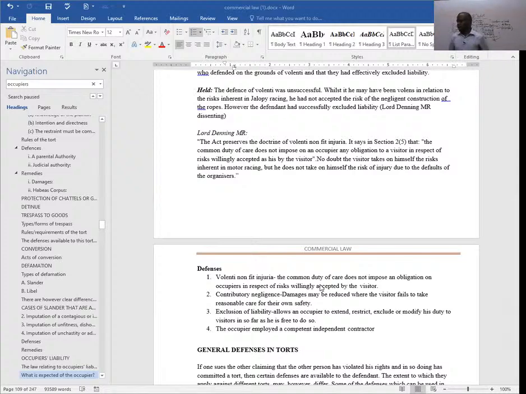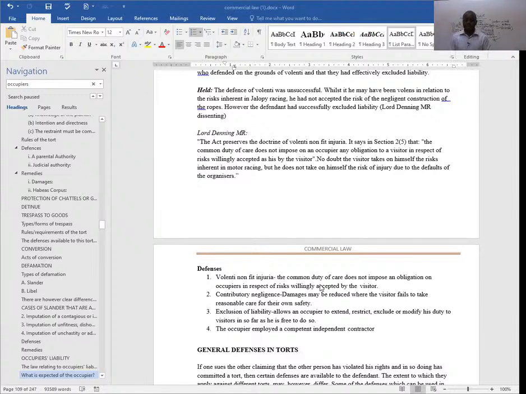The occupier employed a competent independent contractor. So this is basically what we're talking about. The engineer who built the pillars in the supermarket was a qualified engineer. So the supermarket expected that this qualified engineer would build very firm pillars, so there's no way they could fall on a customer.